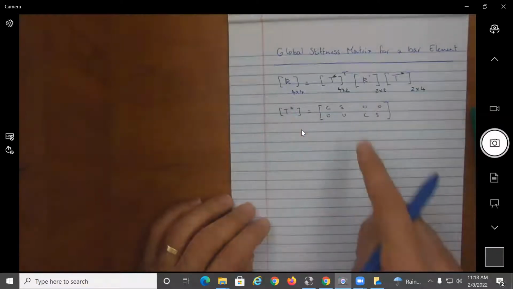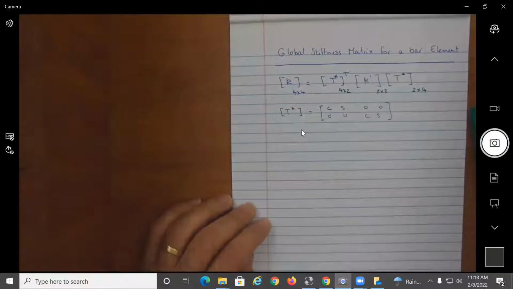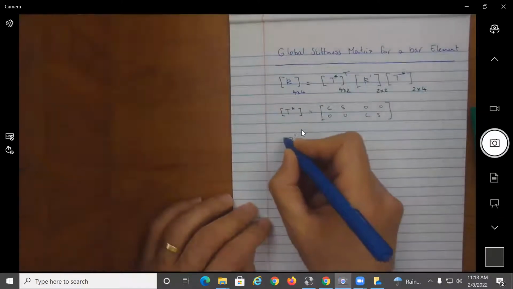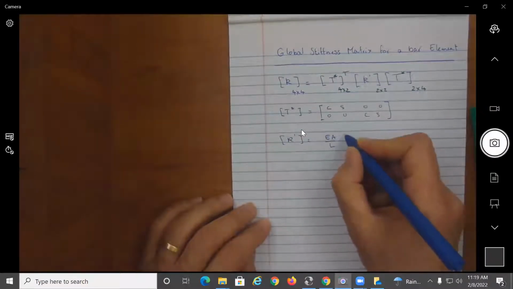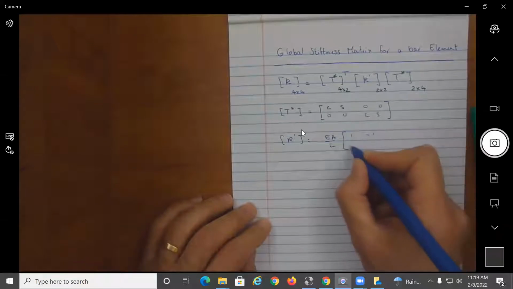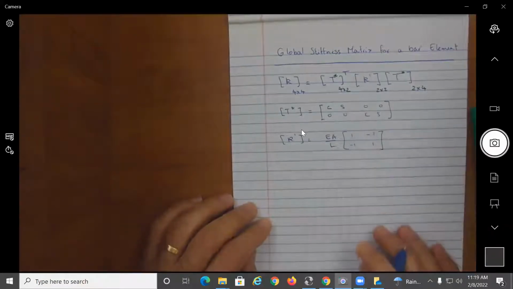When we work this out, knowing of course that K prime for a bar element was EA over L times 1, minus 1, minus 1 and 1.